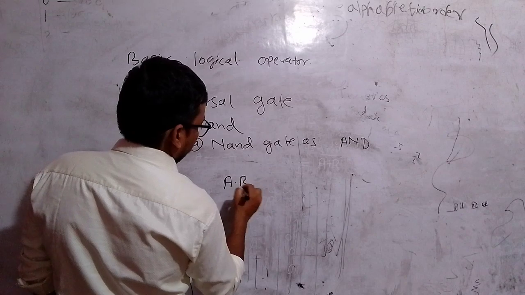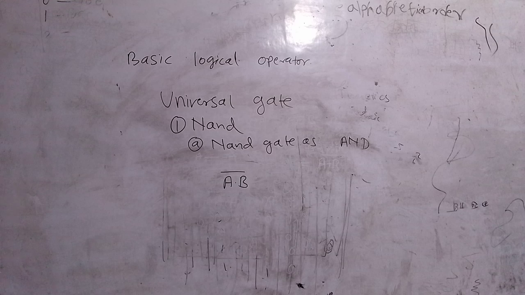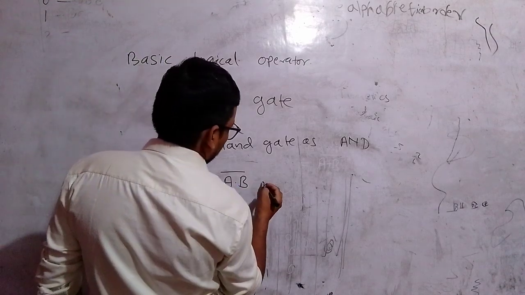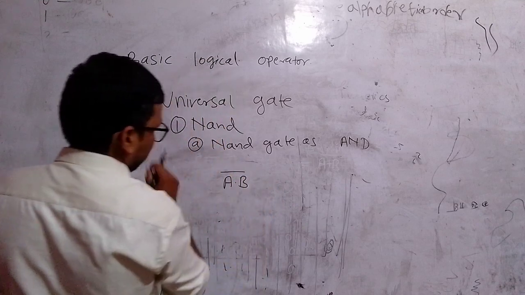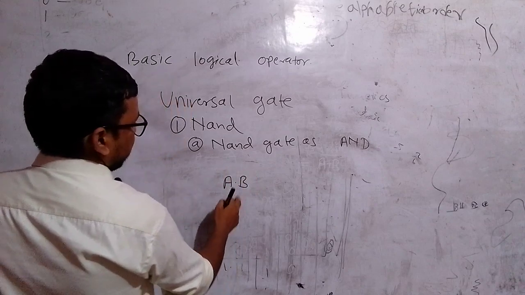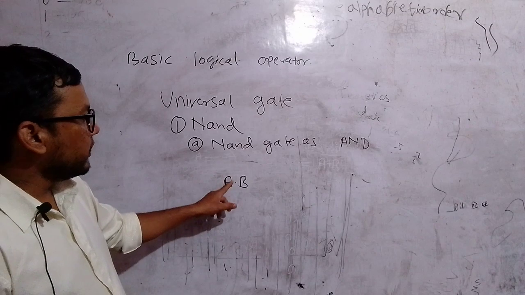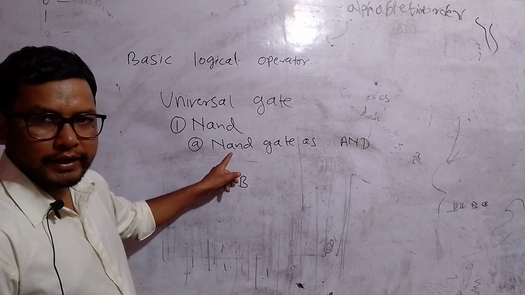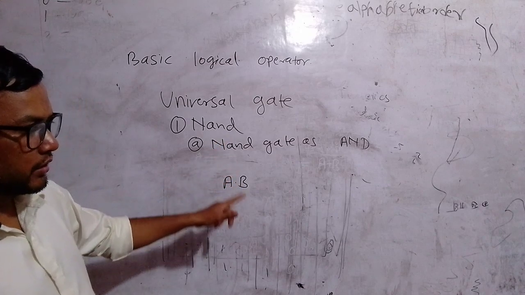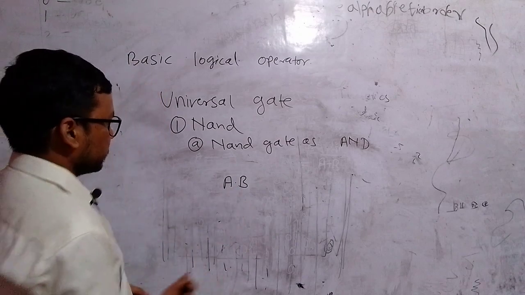A dot B. Sorry, this is the expression of the AND gate. We need to feed two inputs A and B to the NAND gate circuit, and the circuit made from NAND gates should produce A dot B. How to achieve this?